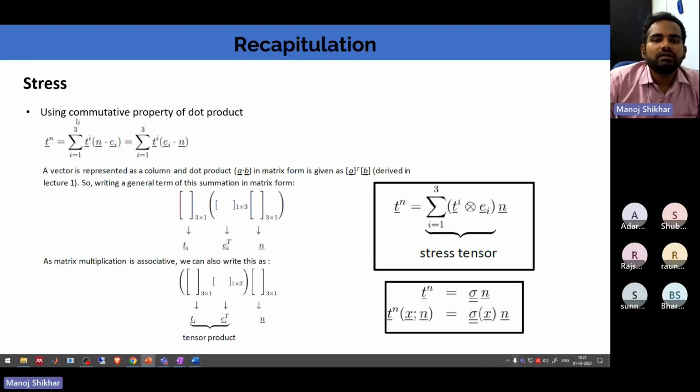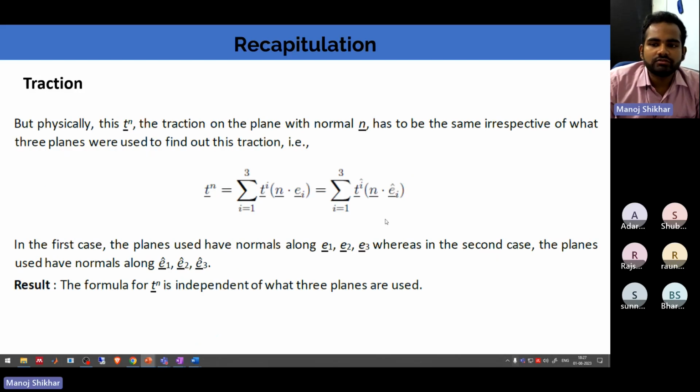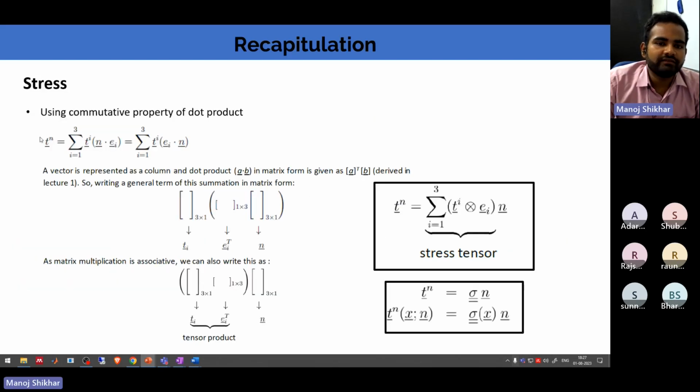Now stress. How do we find the stress tensor? We already have the traction vector in this form. We can write it as Ti dot n. If you remember from the dyadic product, Ti dyadic product with Ei, if you multiply with vector n, it will be of this form.